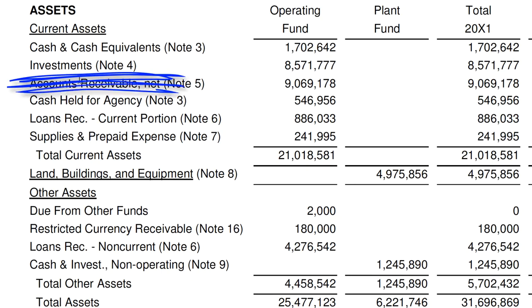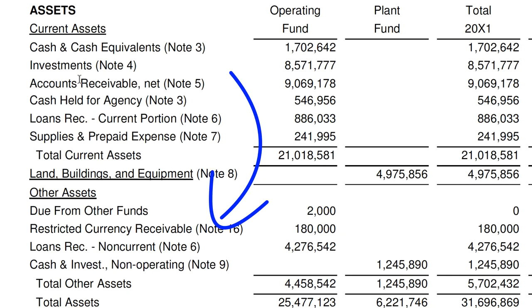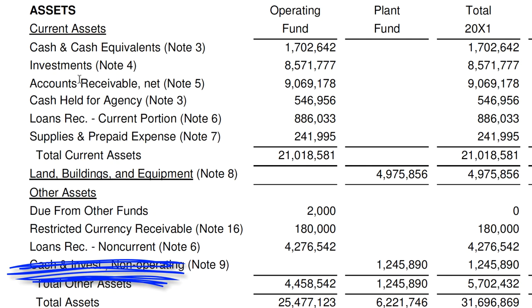If an investment is not able to be turned into cash in the next 12 months, we move it to non-current investments. The same is with loans receivable. That's with people owing us money. It's a little trickier though. Only what we are going to get paid back from these people in the next 12 months are current. What they owe us that they have to pay back beyond 12 months is non-current.